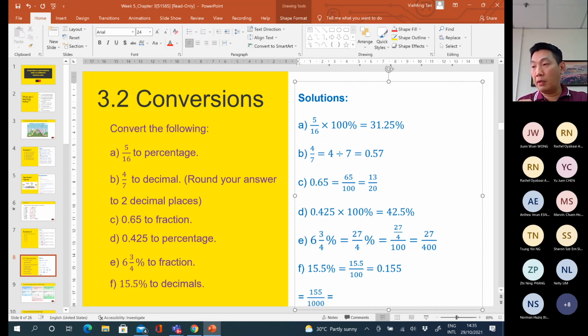Let me see whether I have the ABC function. You have to use the ABC button in order to convert to fraction number.